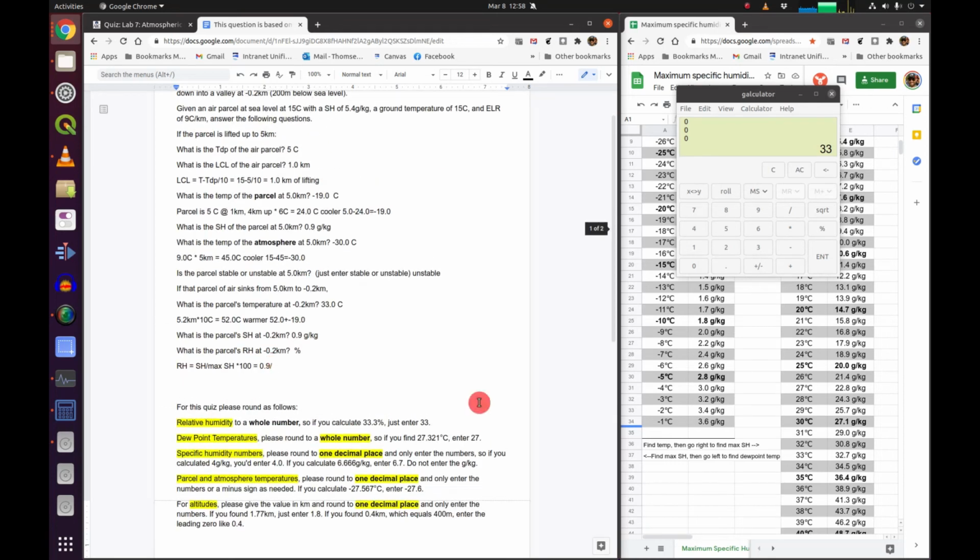So we have 0.9 divided by 32.7 times 100, I get 2.752, and when we round that to a whole number, I get 3%.